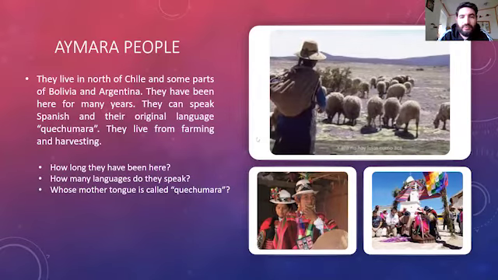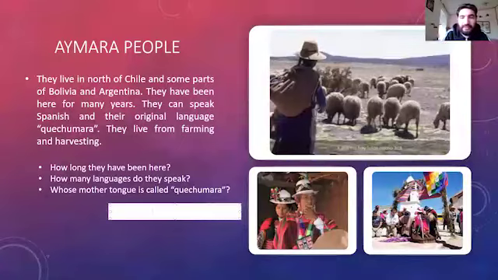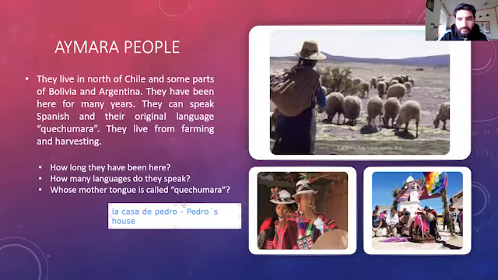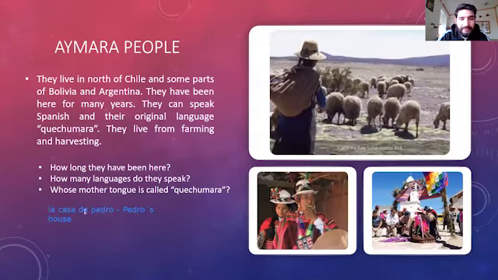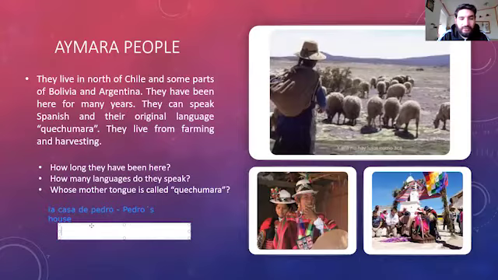So, every time that we want to say that something is from someone, cada vez que queramos decir que algo le pertenece, vamos a agregarle el apóstrofe S. Por ejemplo, la casa de Pedro va a ser Pedro's house. Exactly. The S goes in the name or in the object.